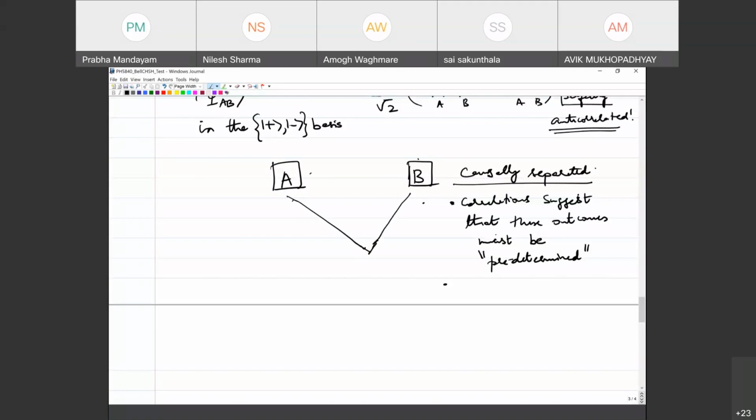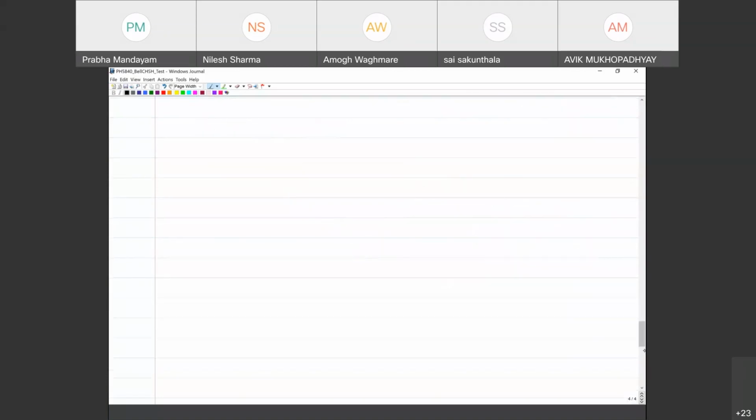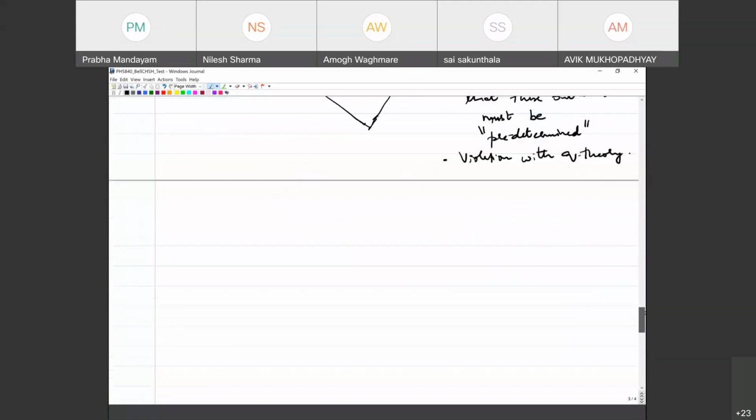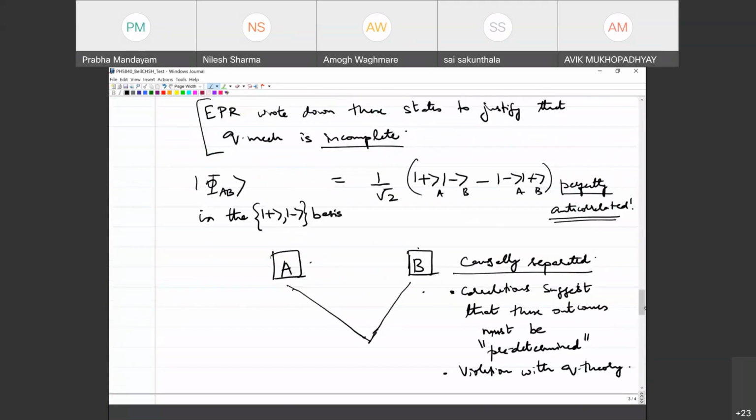But quantum mechanics forbids that. This is, however, in violation or in contradiction with all our known ideas of quantum measurement. In fact, it was repeatedly emphasized that quantum measurement is a probabilistic process and you simply cannot predict.